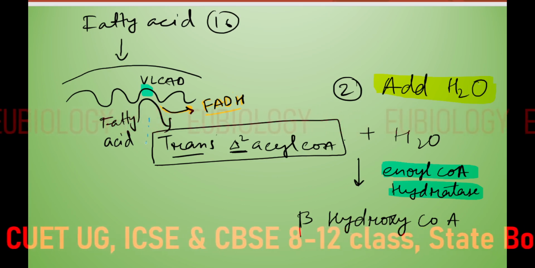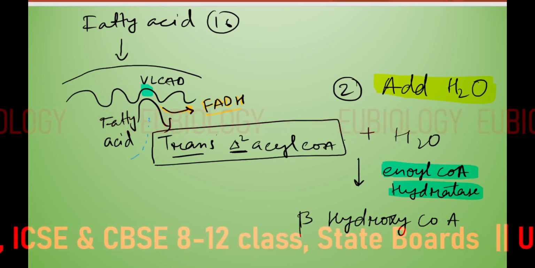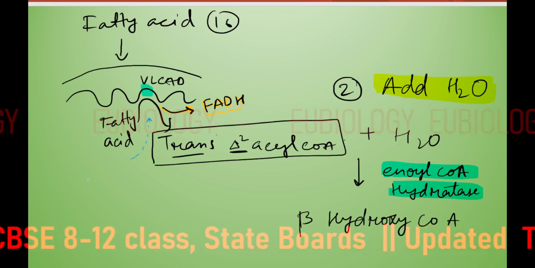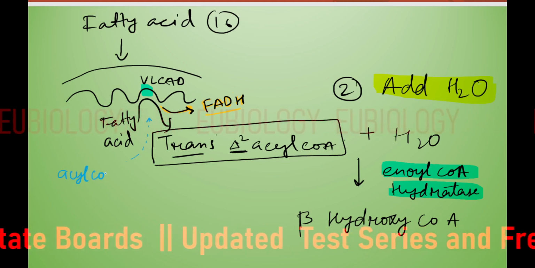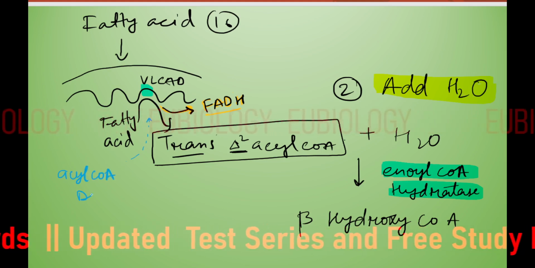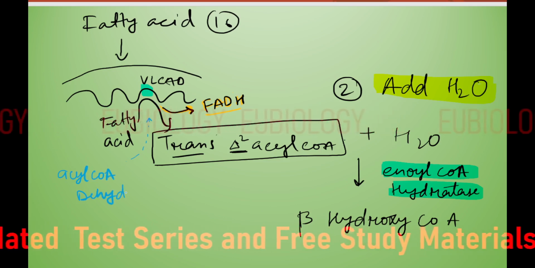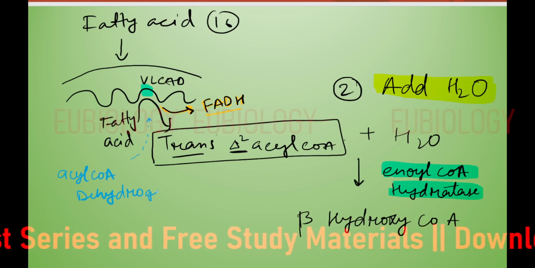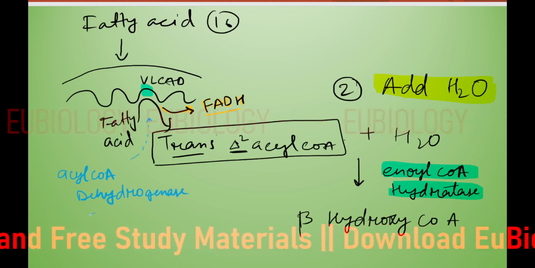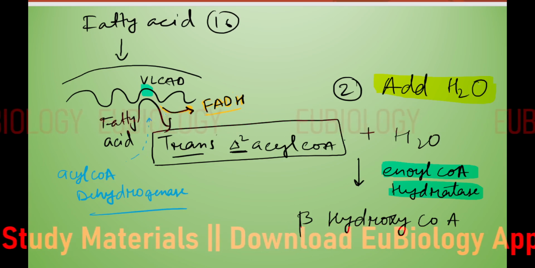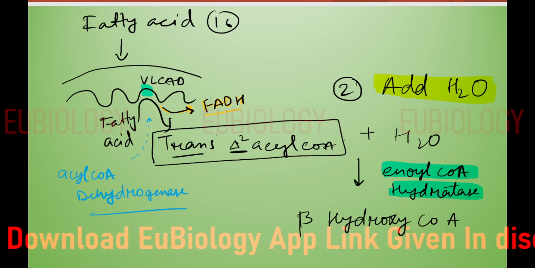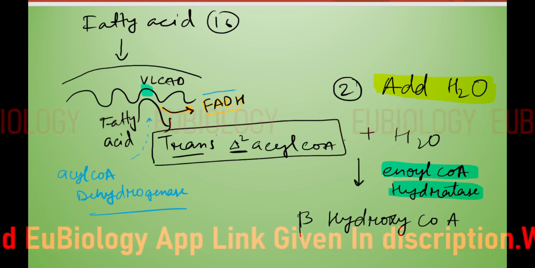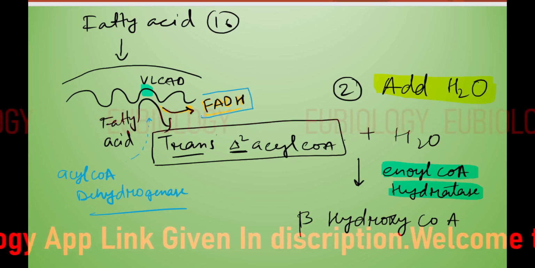I am writing it here. This acyl coenzyme A dehydrogenase will convert the fatty acid into trans-2-acyl coenzyme A, and in that you will get this important thing, that is FADH2.